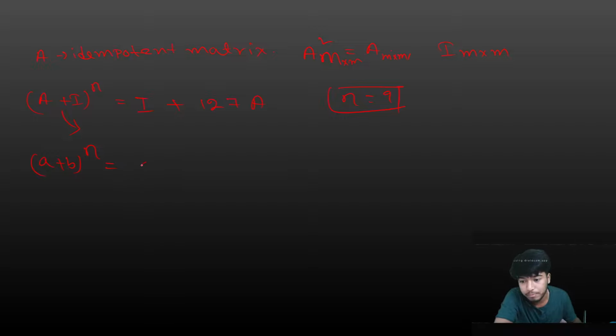Okay. So this gives A^n + nC1 A^(n-1) B + nC2 A^(n-2) B^2 and so on. What is this nC1?